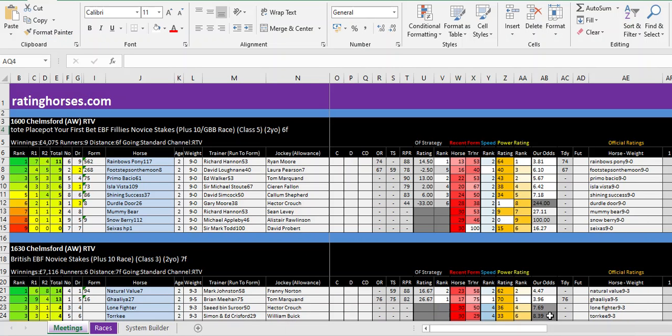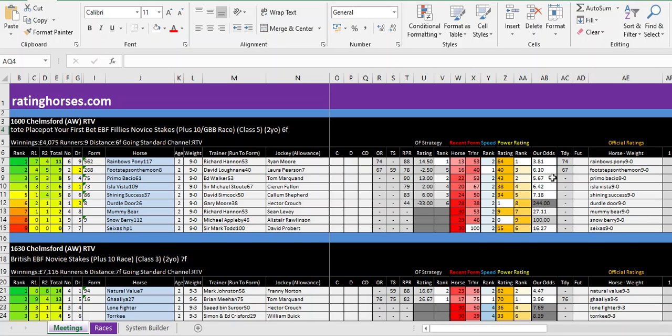And you can see that Primo Bacchio is third rated horse, it comes out decent on almost anything. Everything. Second in the algorithm, second speed, second power rated horse, second R1 rating. Trainer has a good, decent run to form figure. But most importantly, Primo Bacchio, our odds suggest that this horse should be around 9-2.